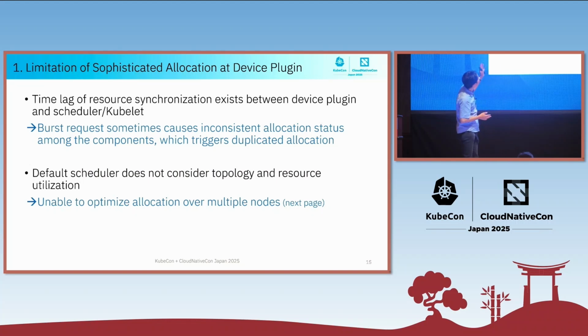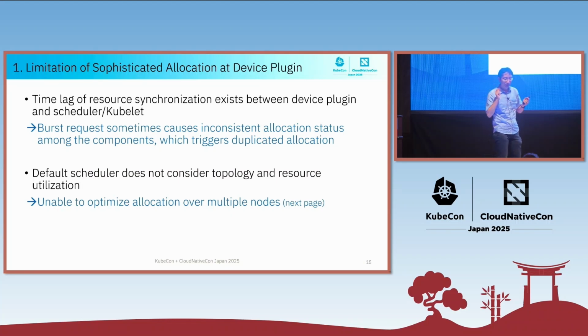But the time lag of the synchronization exists between device plugin and the kubelet or its device manager. So such a small time lag may cause, for example, duplicated allocations, especially at the time of burst request.